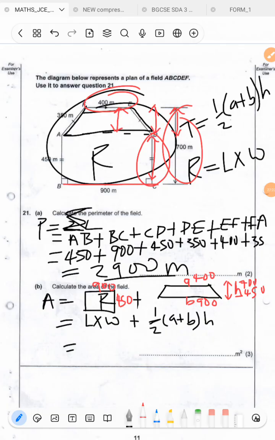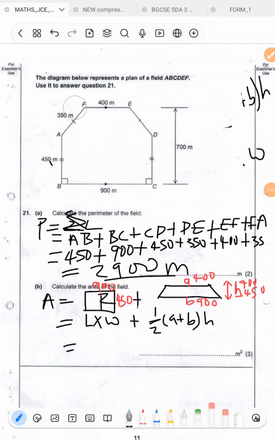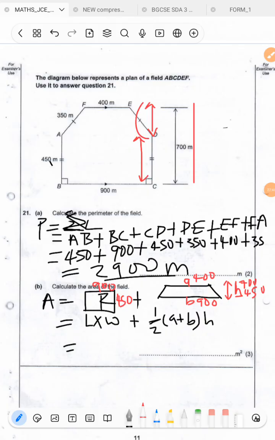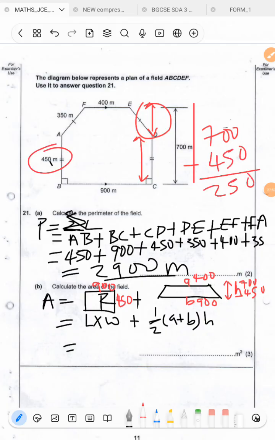This here. Let me just repeat that. So we have the entire height, or this length here. What we're looking for is this part here. We know this area. So to find the missing part here, we can just say 700 minus 450. Then you get 250.